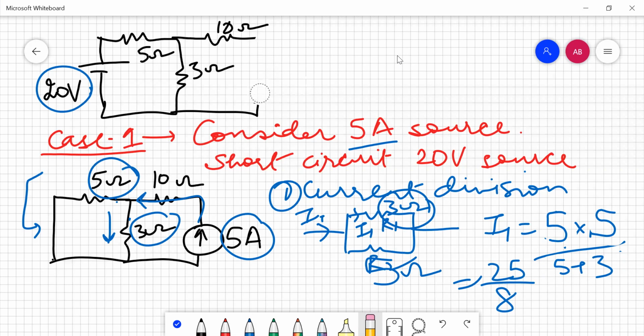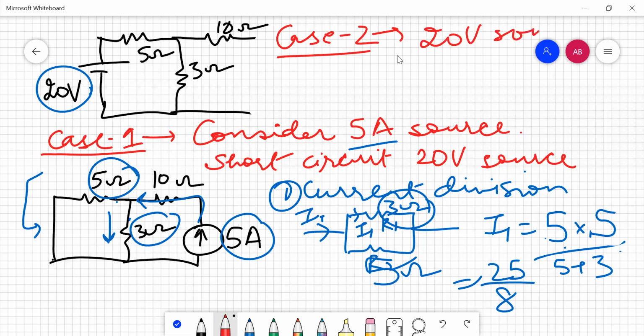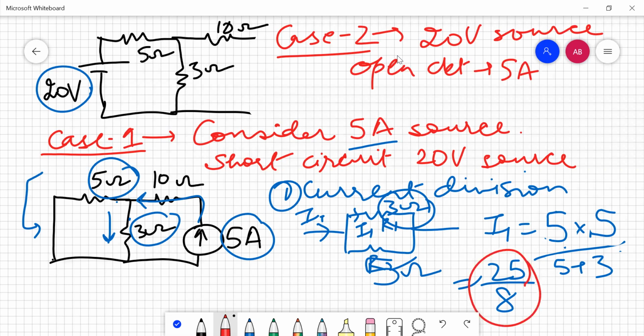This becomes my case 2. I'll just take case 2 here, considering only the 20 volt source and open circuiting our 5 amperes. So now this is my current in this direction because of my 5 ampere source.